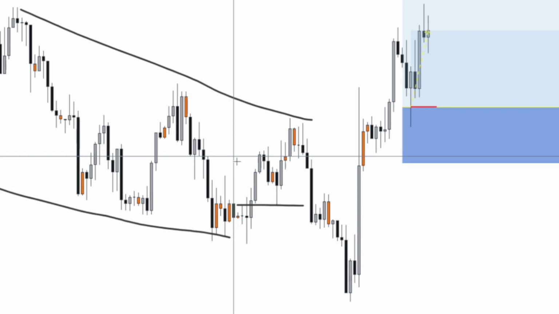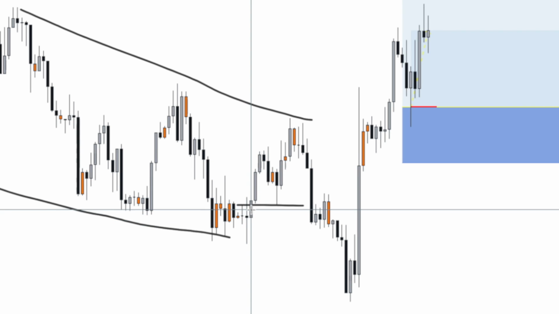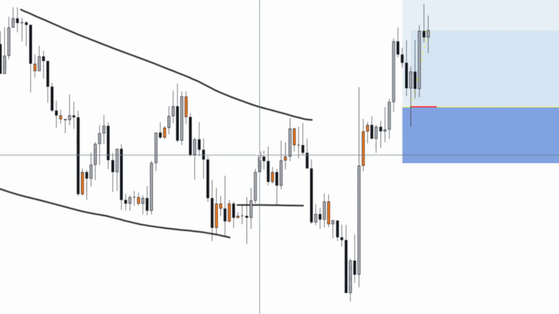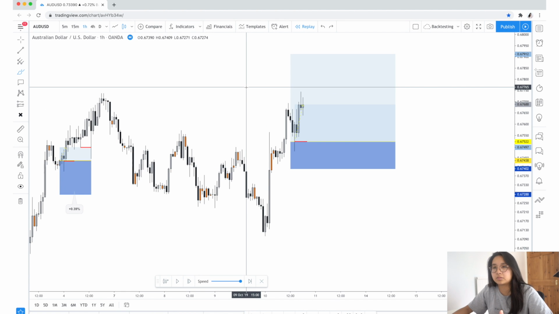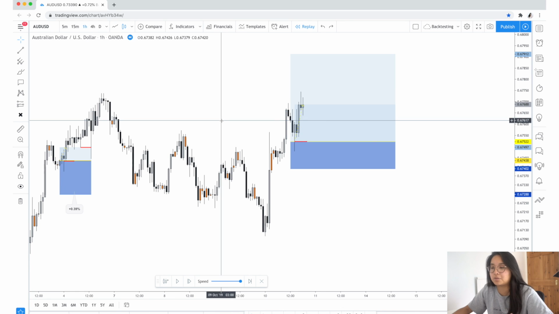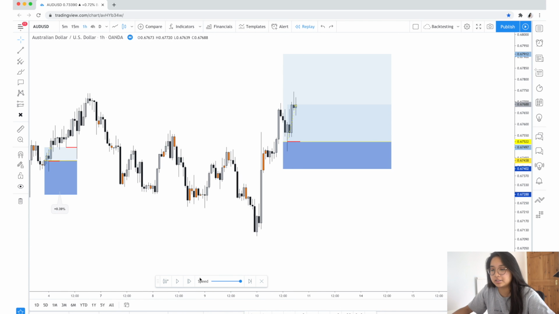There's a massive difference between that little impulse within the structure and actually breaking the structure. So that's what I found from my back testing. Again, this is just from how I trade and how I see the markets. So yes, this could have been an entry, but it's not one that I would take.